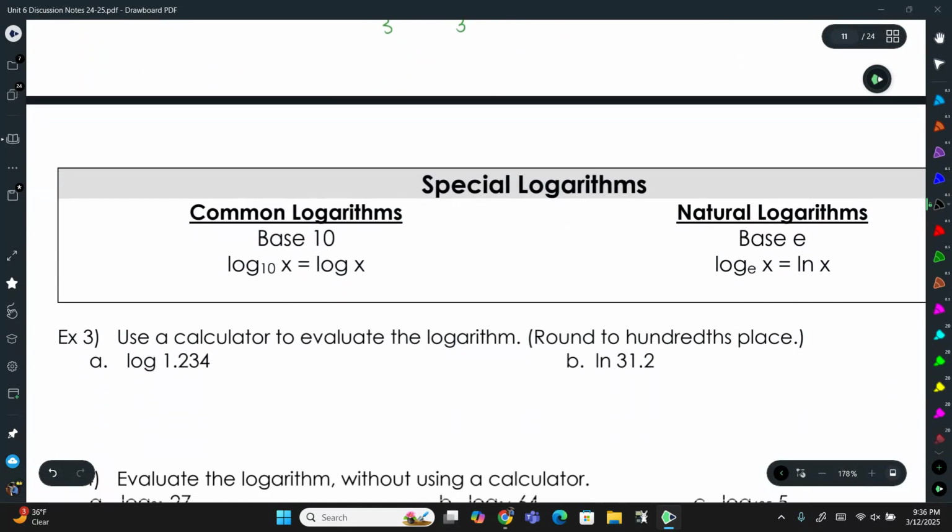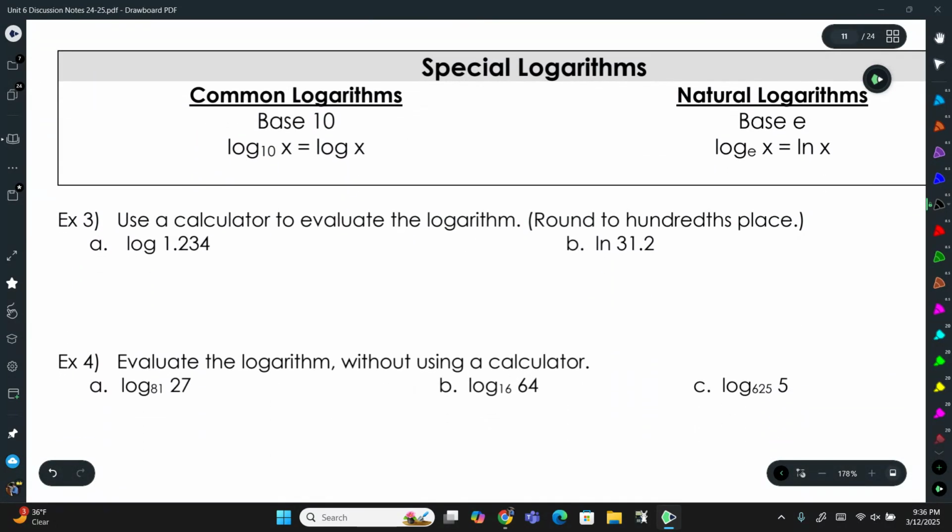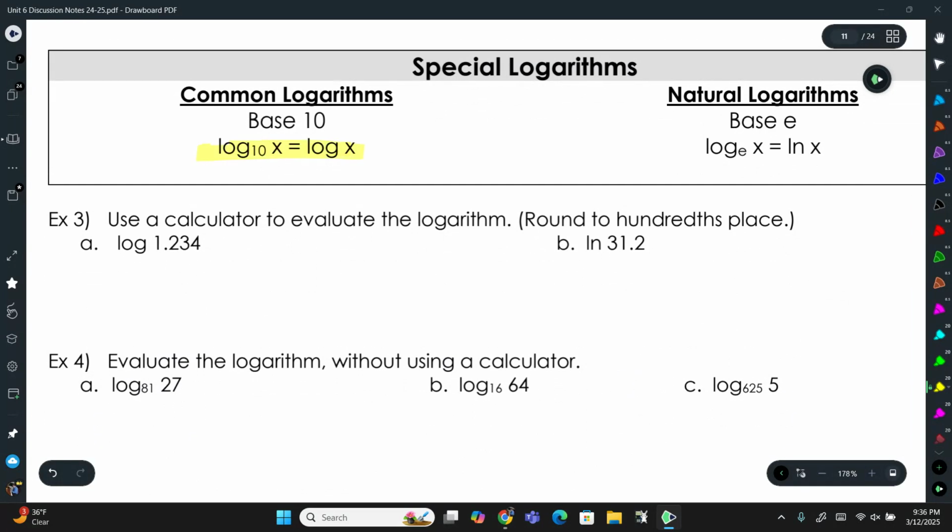All right, so then on the next page, we'll briefly talk about the calculator. And you might be saying, well, can't I just use a calculator to evaluate these instead of doing all that work that we did? The problem is on your calculator, the log button is log base 10.